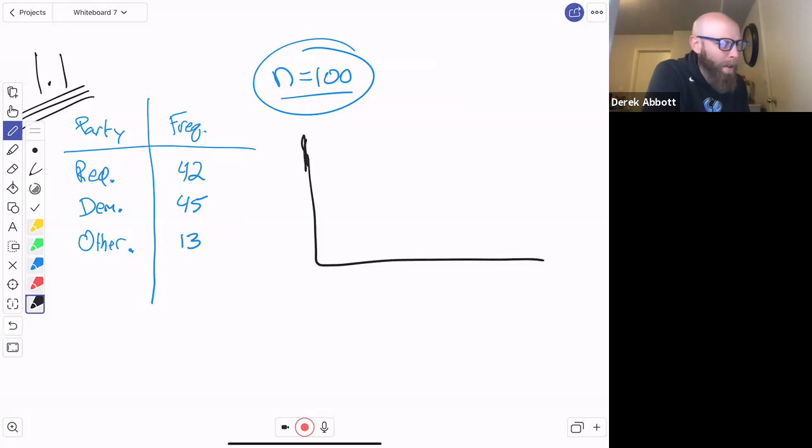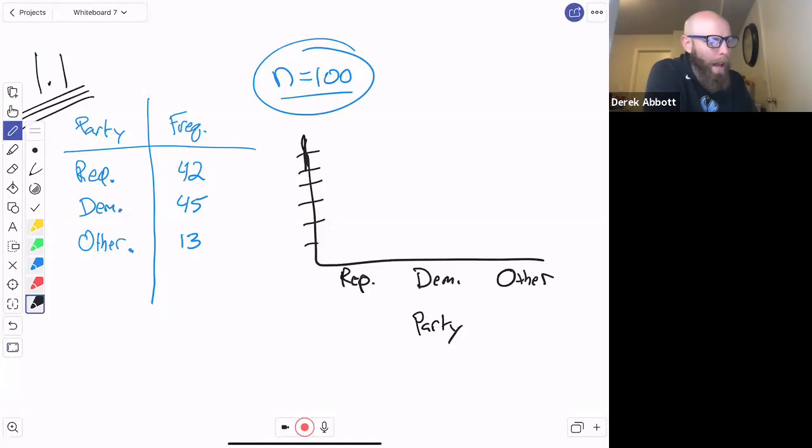And a bar graph, literally, you just put the different categories, no matter what they are, of your variable. And then we would say down here, we'll call that party, that's labeling. And then on the left-hand side, we would have some kind of scale.